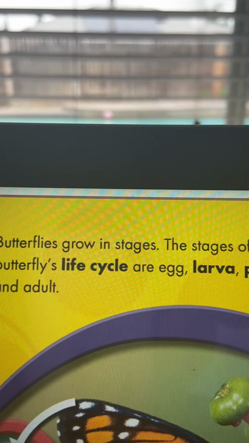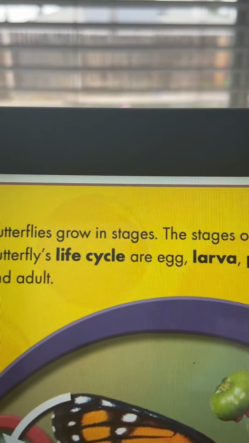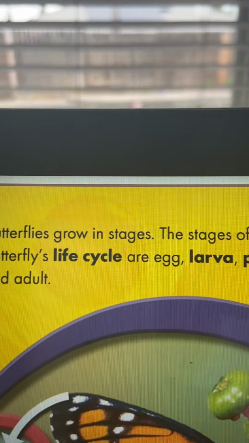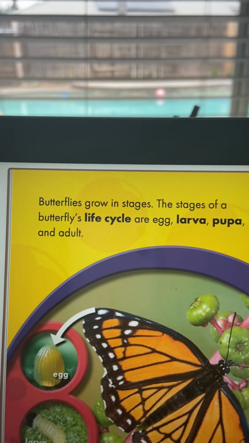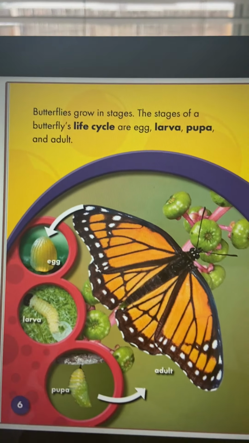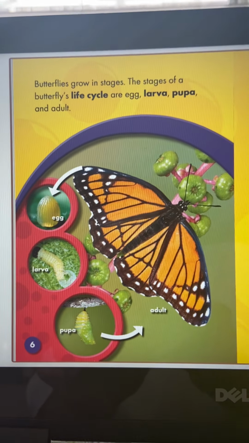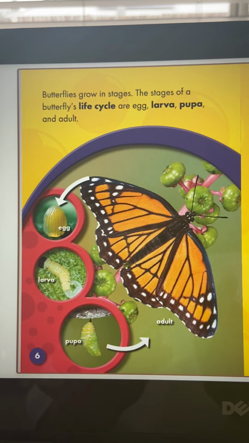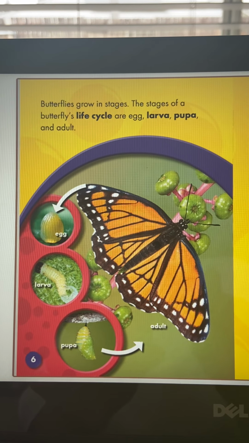Kind of like the steps in which they grow. This is the life cycle of a butterfly. Again, you have the egg, larva, pupa, and adult. And a life cycle, boys and girls, basically means that from beginning to end, when the life of the butterfly is over, it starts again in the same cycle, in the same steps.